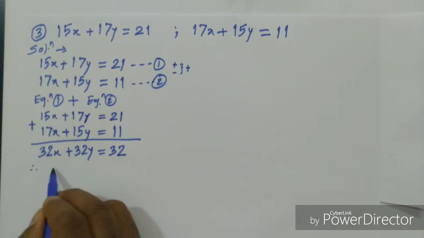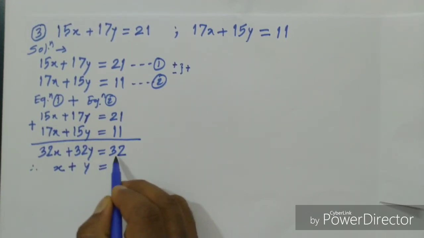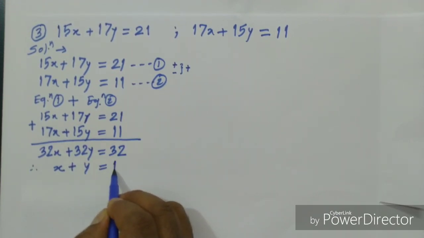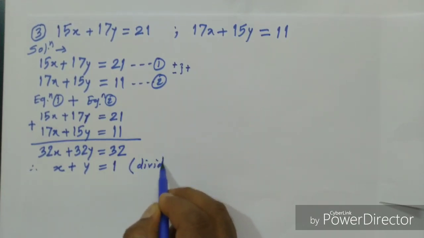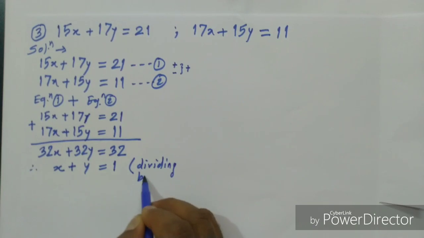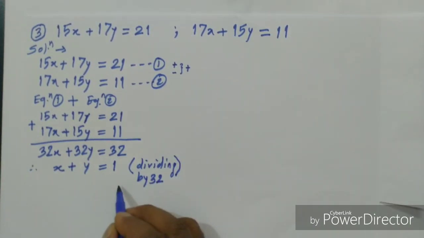Dividing each term by 32, 32 cancels, x remaining, plus y remaining, is equal to 1. This is equation number 3.